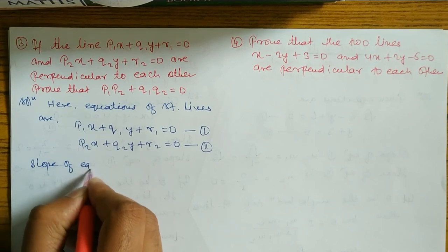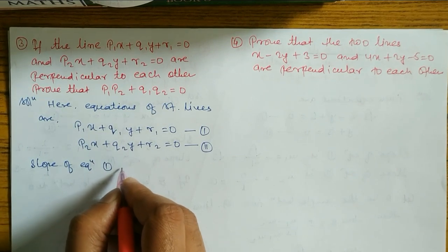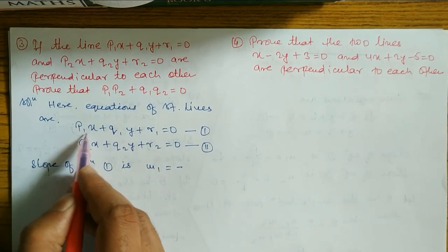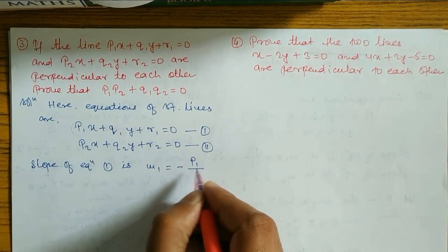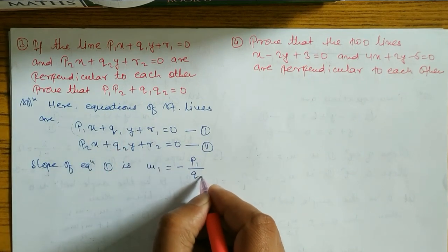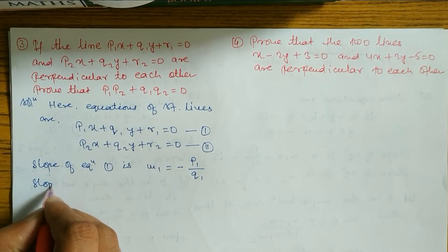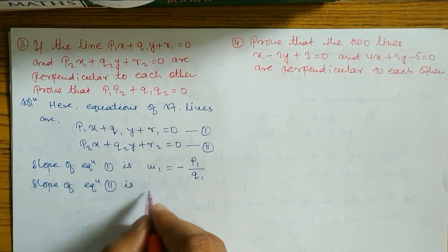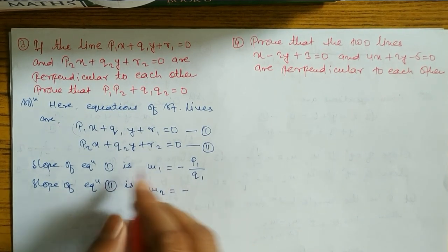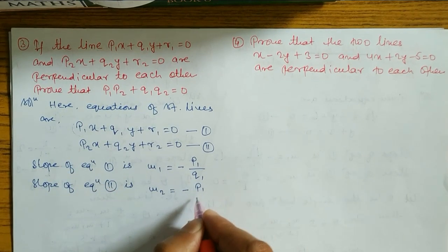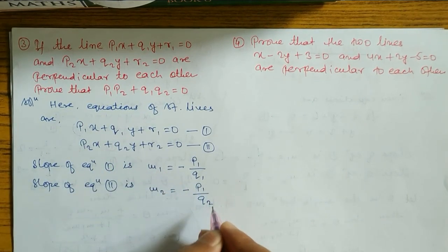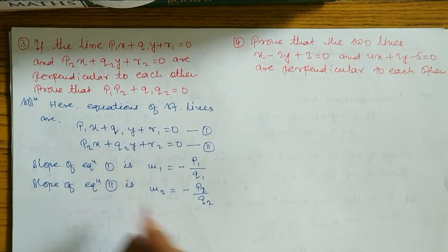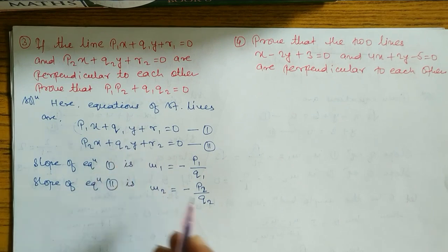Slope of equation 1, let m1 is equal to minus coefficient of x, what is here, P1, by coefficient of y, what is here, Q1, so P1 by Q1. Similarly, slope of equation 2 is m2 is equal to minus coefficient of x, P2, by coefficient of y, Q2. So m2 is minus P2 by Q2.